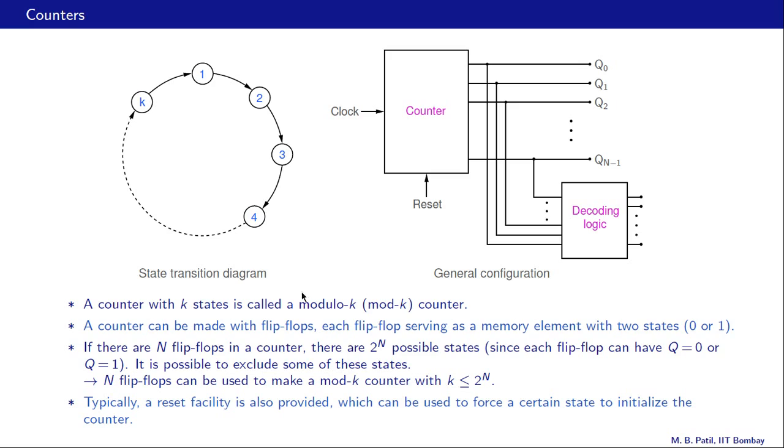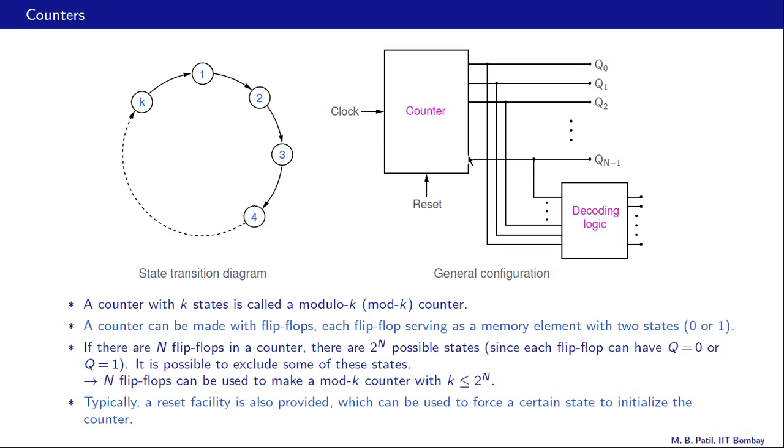Let's say we have 3 flip-flops, then we can have a maximum of 8 possible states here. So our K can be 8. But we can also exclude some states, and therefore n flip-flops can be used to make a mod K counter with K less than or equal to 2 raised to n.